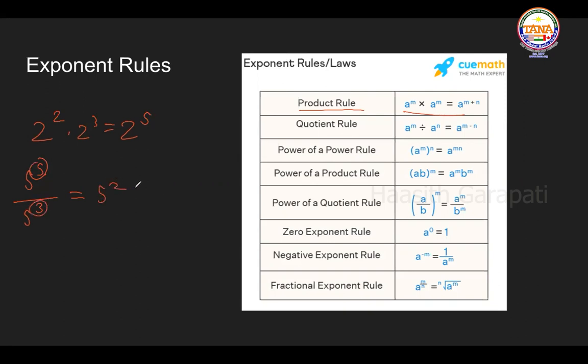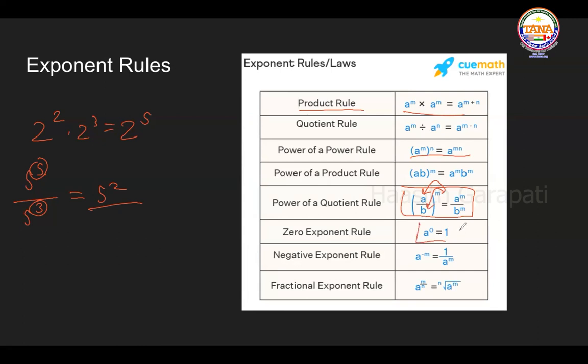So I end up with 5 to the power of 2. And then the power of a power rule, we just went over this. You multiply those powers. And then this is another one, power of a quotient, where if you have a fraction that is being exponentiated, you can apply the exponent to the numerator and the denominator.